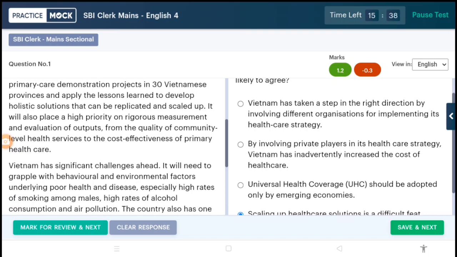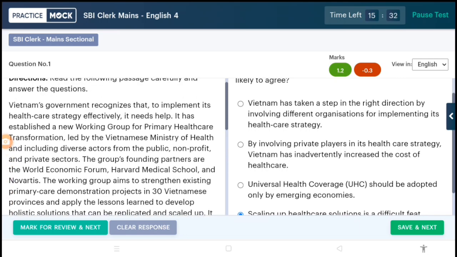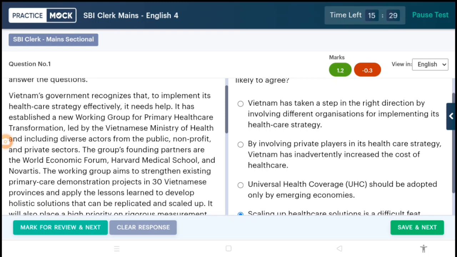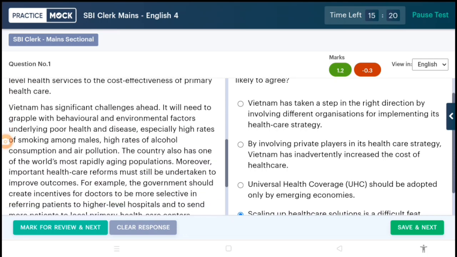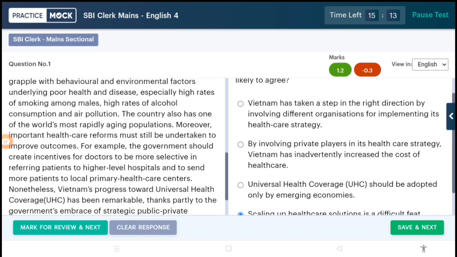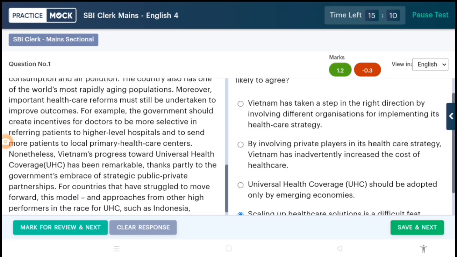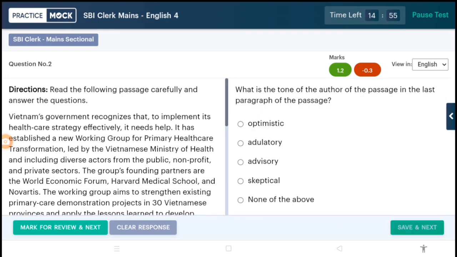Vietnam has taken a step in the right direction. The government should create incentives for the doctors, and healthcare centers. I think option A. Next.